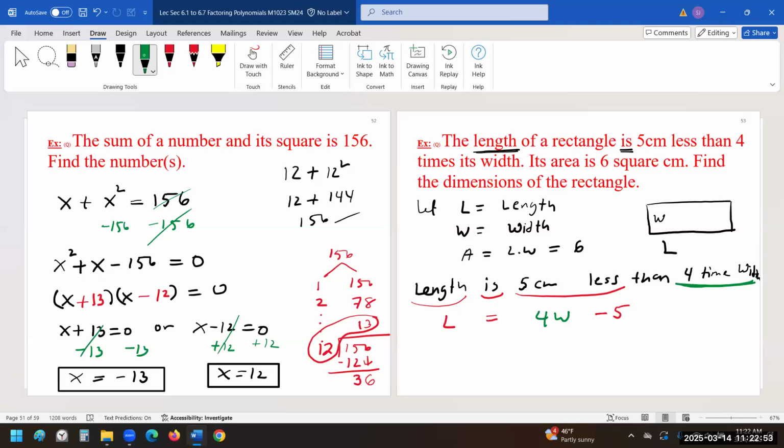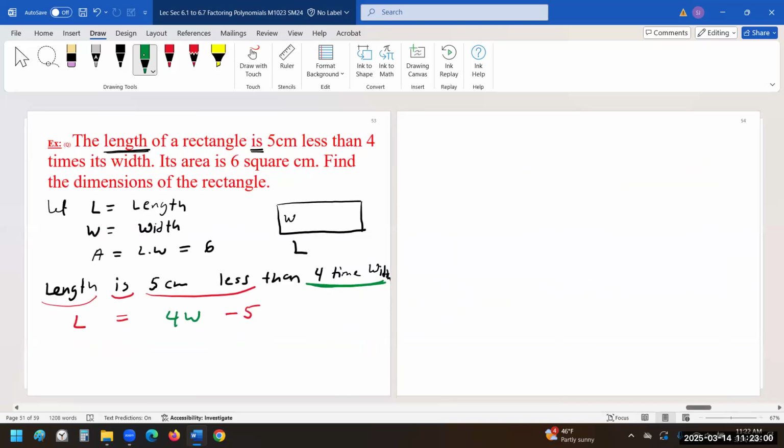Any questions so far? Okay, so we know our length is this, and we know our width is W. So let's go to the information they gave us. Our area is 6, right? These are what they told us.